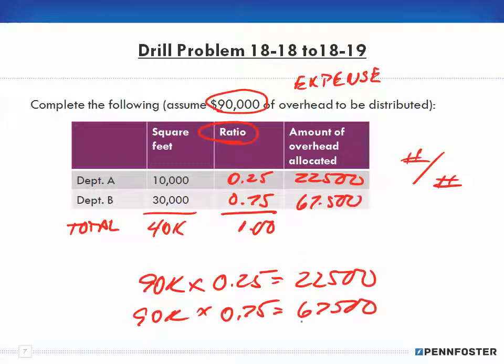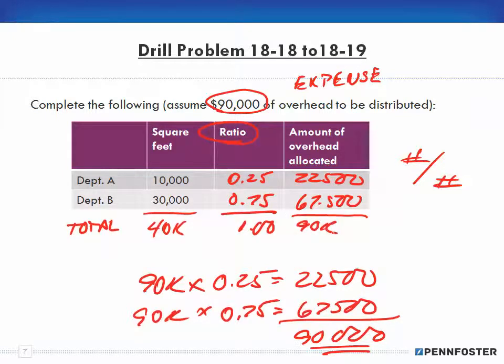And of course, my double check is when I add them both up, that should come out to 90,000, right? And we know we're right, okay? And so now that's the amount of our overhead allocation.